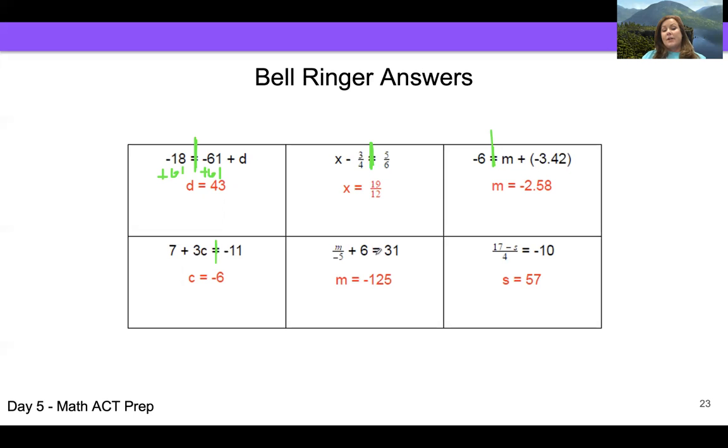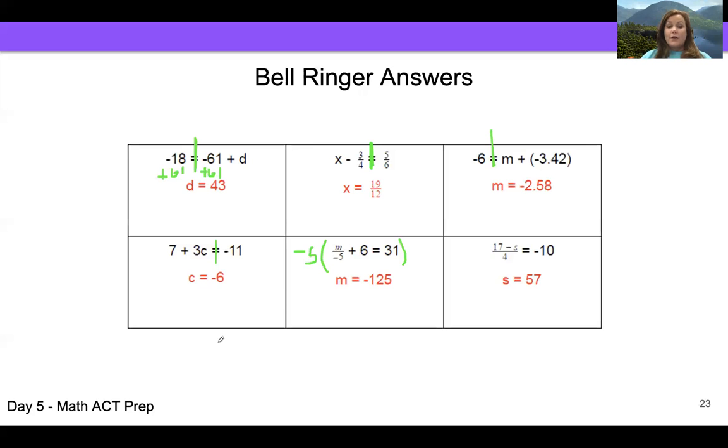When you get down here to these, a lot of students really get flustered. And I'm the queen of these because I hate fractions. I hate them. And when I see a -5 in the denominator, I'm going to multiply everything in there by -5. Why? Because it gets rid of that denominator. What's -5 divided by -5? 1.